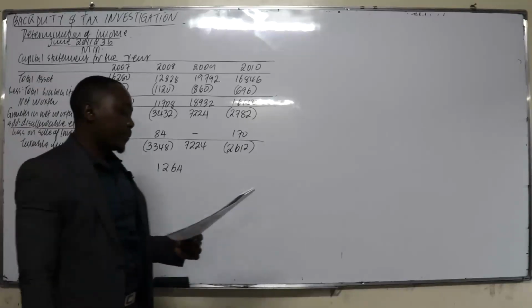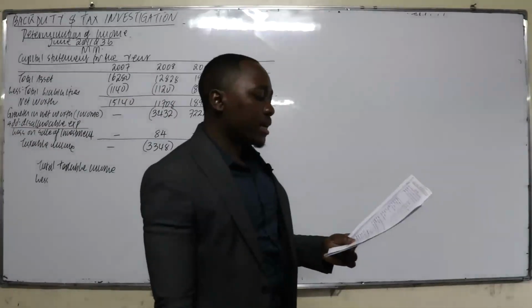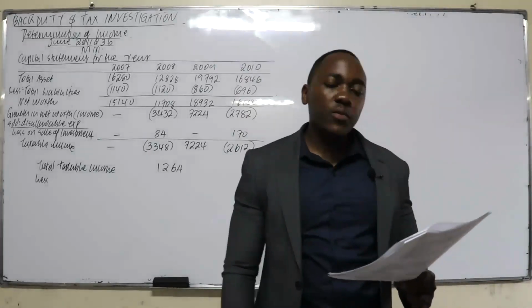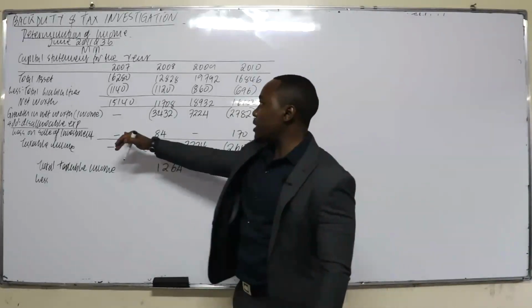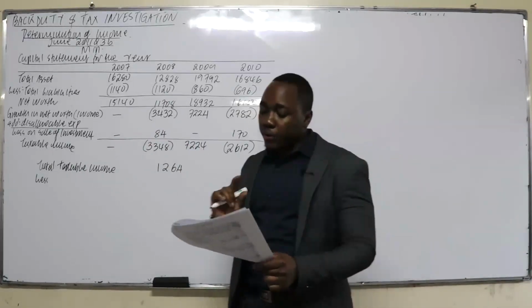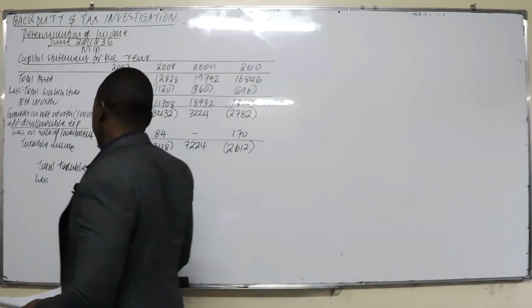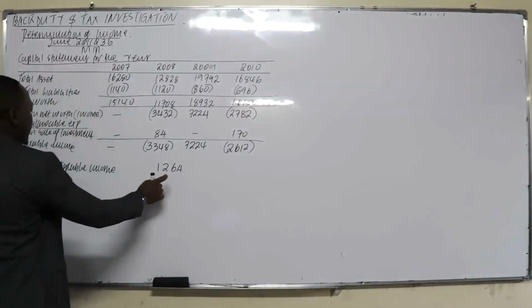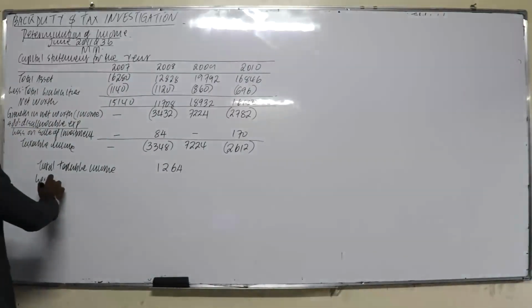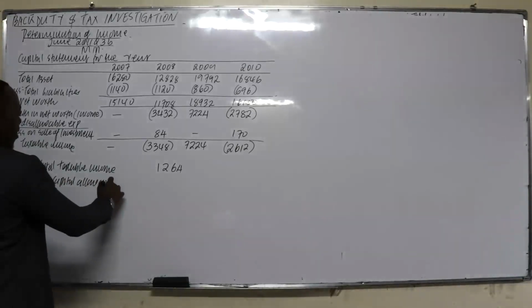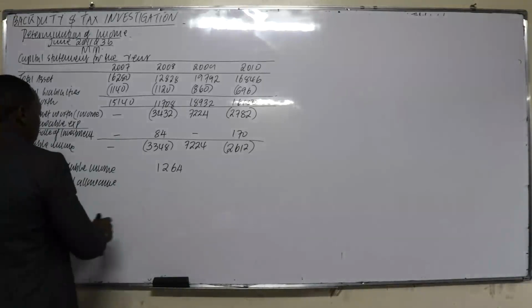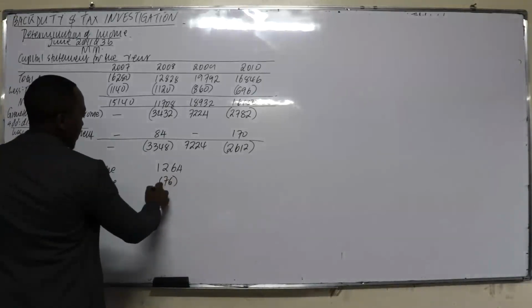Then you can less. You're told that capital allowances were agreed at a total of 76 for the 4-year period, not for each year. If it was for each year, you could have adjusted for each year. But in this case, we are told that for the 4 years, the total was agreed at 76. So you net it against the total taxable income. You raise the capital allowance, which is an amount of 76.